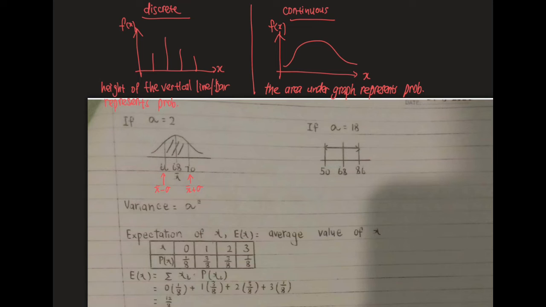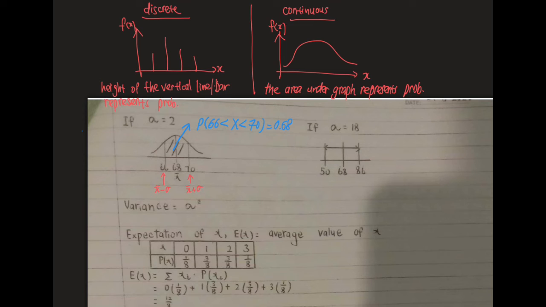So I know this shaded area there, the probability is 0.68. That means I can write something like this: 66 to 70, the probability is 0.68. And why 0.68? Because it is 1 standard deviation from the mean. 1 standard deviation from the mean is always 68%.